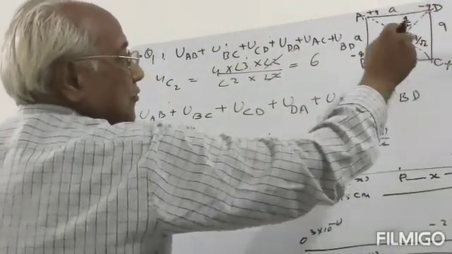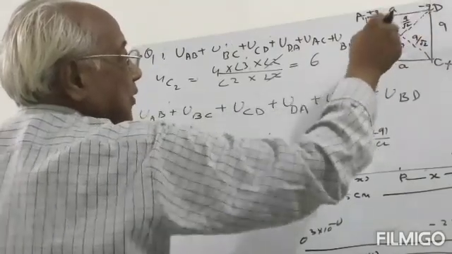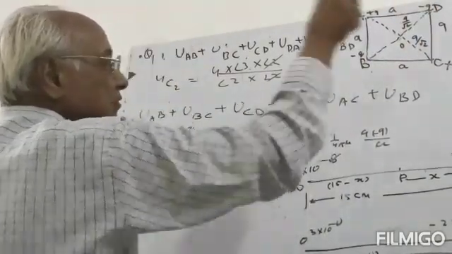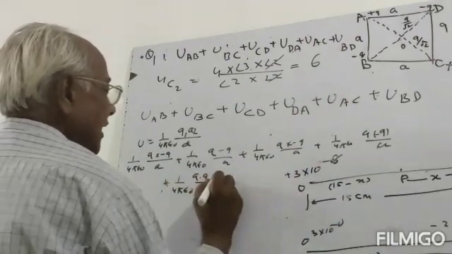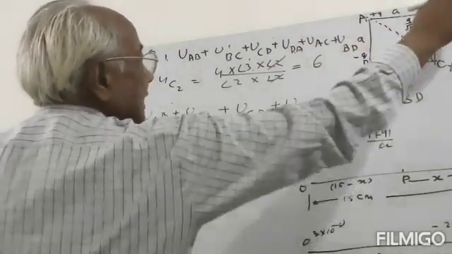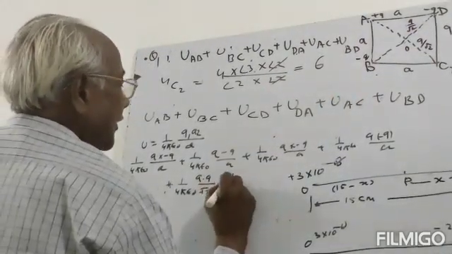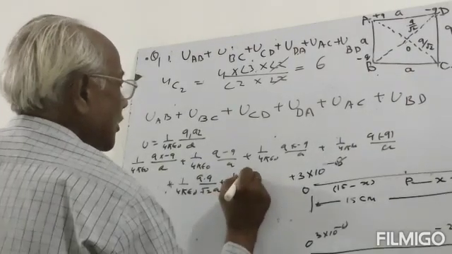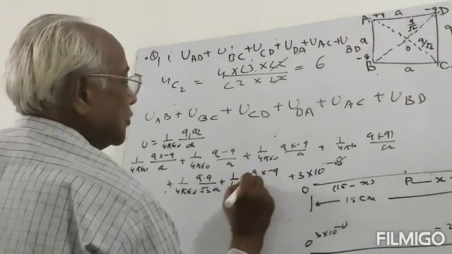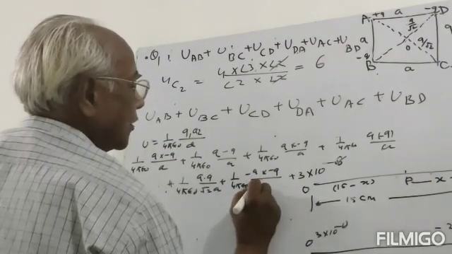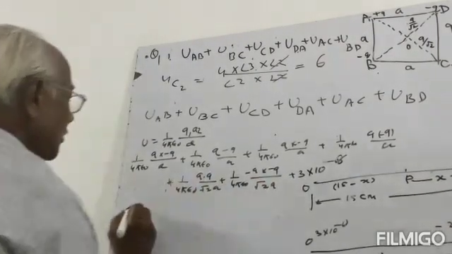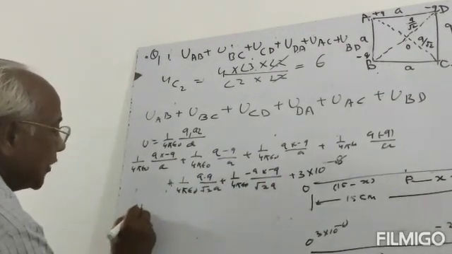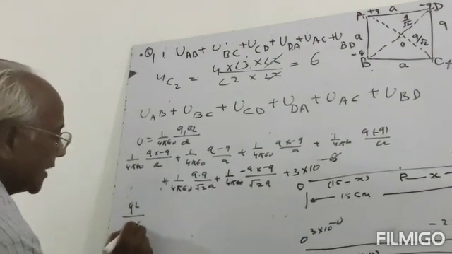This square plus this square will be equal to this square. So by using the Pythagoras theorem, this will be equal to under root 2 a. And between B and D, this will be equal to 1/4 pi epsilon 0 minus q into minus q divided by under root 2 a.